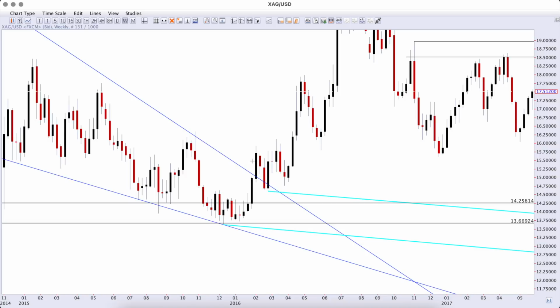We had in silver the breakout week followed by 1, 2, 3, 4, 5, 6, 7, 8, 9 weeks. So it was on the 9th week that silver made a new high above the breakout week peak right there.